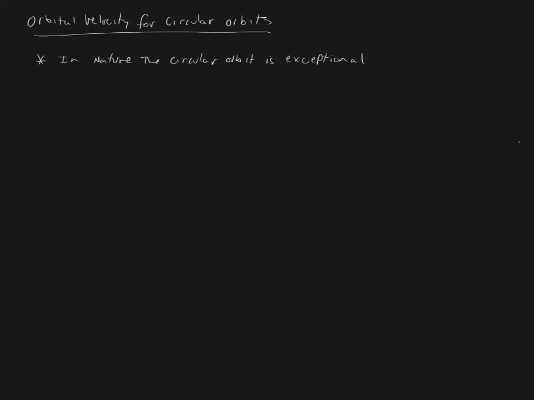Now, in the man-made world, whenever we get to place things in orbit, we can put them into circular orbits, and in fact, we do all the time. Most artificial satellites are going to be in a circular orbit, not an elliptical orbit. So we're talking about GPS satellites, communication satellites, the space station.